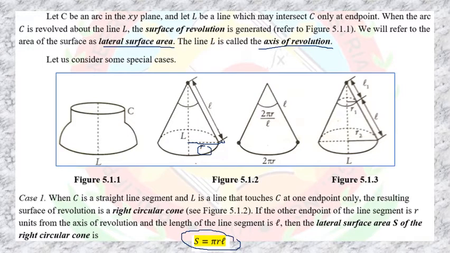Because this is 2 pi R, and this is our line L, or our arc, then we have 2 pi R over L. So that's why the lateral surface area of our right circular cone is S equals pi RL.